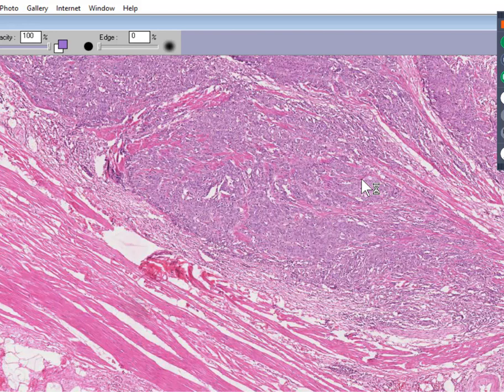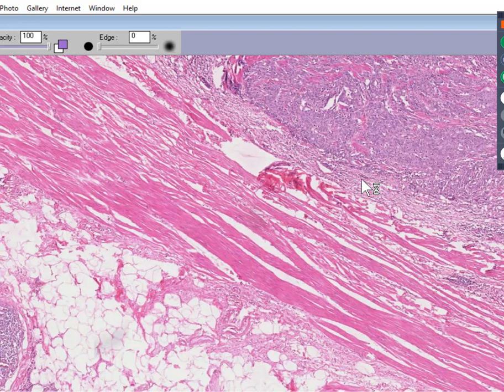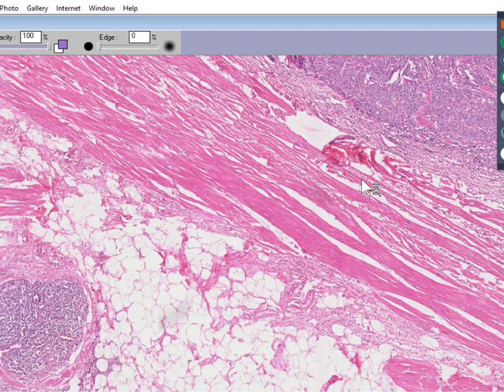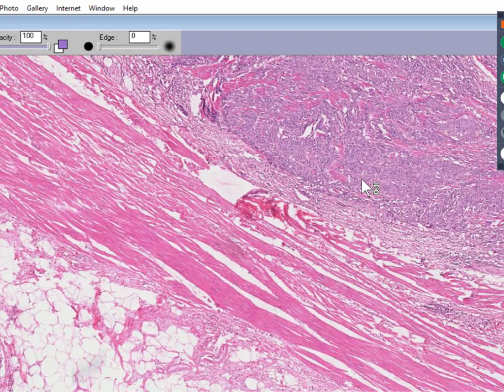At the very bottom here, you got this pinker tissue, which I am going to convince you is smooth muscle. And then you see fat. And then you see perhaps a little lymph node surrounding the fat. I think it's a lymph node. I hope it's not tumor, but we'll look at it in closer detail.